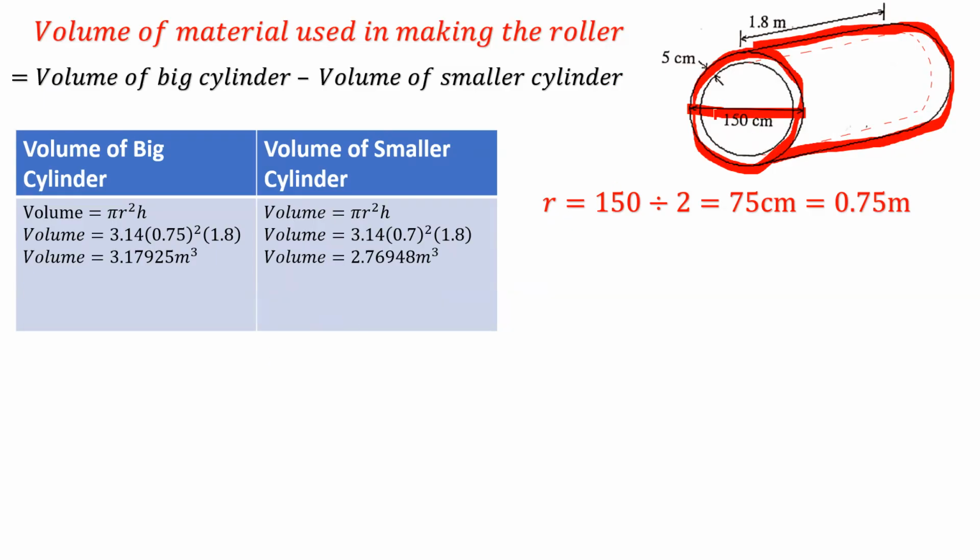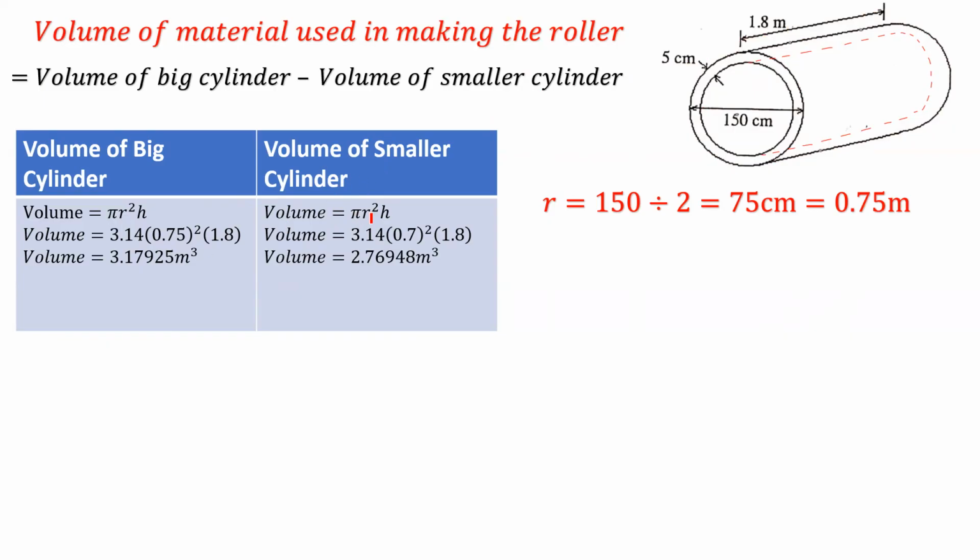And when we use that diameter, we have to use that radius, half of the diameter 150. So r is going to be equal to 0.75 meters. The height is still going to be 1.8. And so the answer is 3.17925 meters cubed.